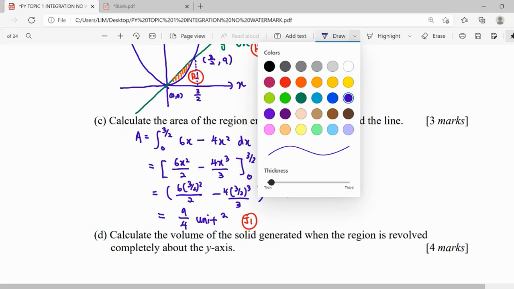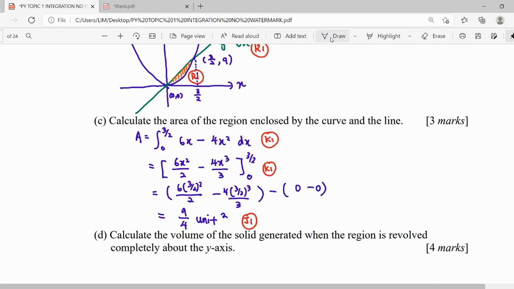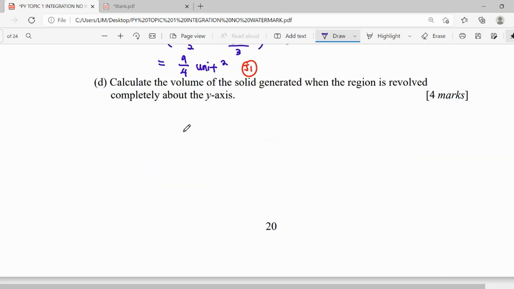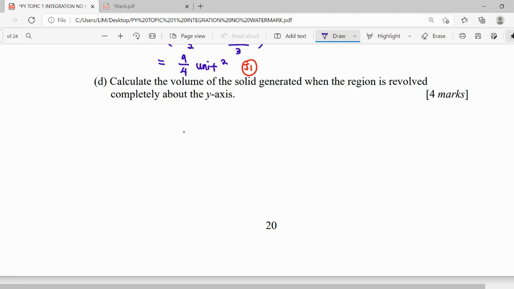And then we continue with question D. Question D is asking, calculate the volume generated when this region is revolved completely about the y-axis. So now they want to revolve about the y-axis. When they want to revolve it about the y-axis, it means we're going to view it horizontally.